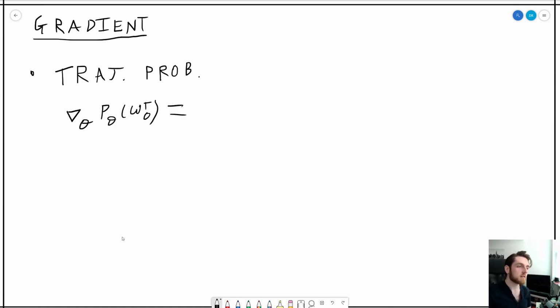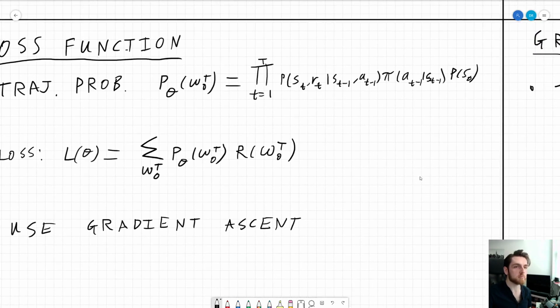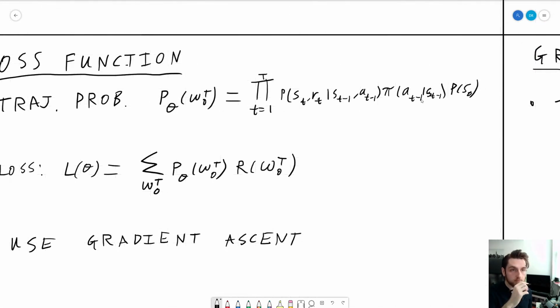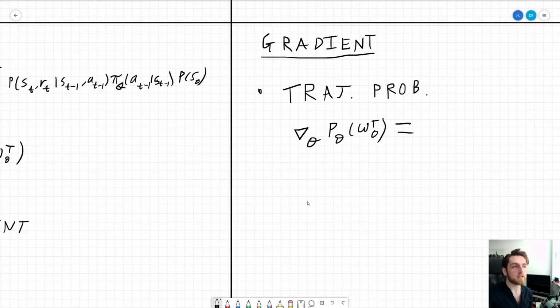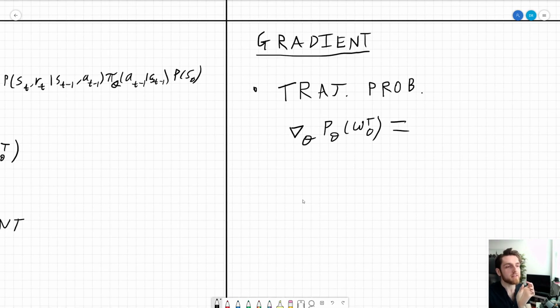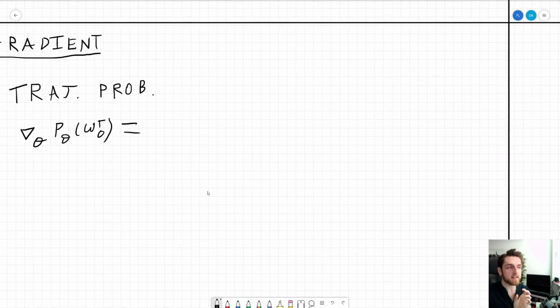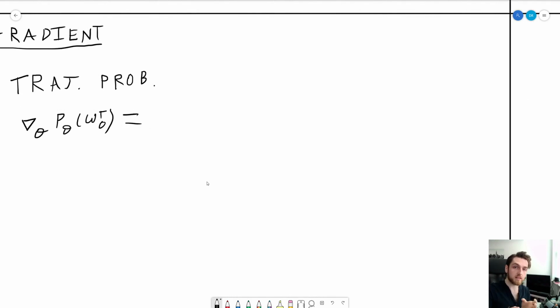If we go back and look at what this trajectory probability was, the policy should depend on theta here. This derivative is only going to hit the policy for each action in this product. And since it's a product, we can split it up using the product rule or Leibniz rule. For each action that the derivative hits, it takes that action out of the product of probabilities.